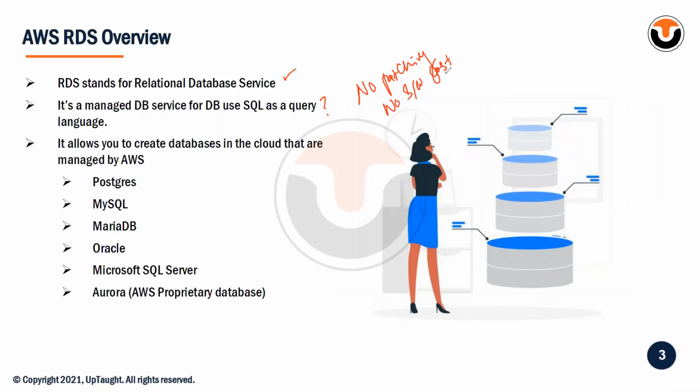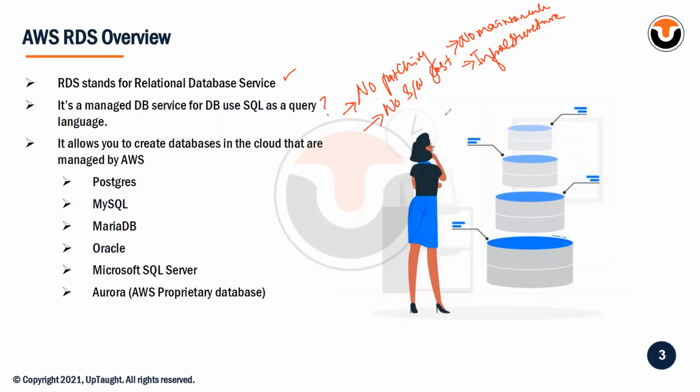When I say no software cost, you don't have to install software; it all comes ready for you. What else does a fully managed DB service give you? No maintenance. Infrastructure is also provided, the entire infrastructure. That's the managed database.